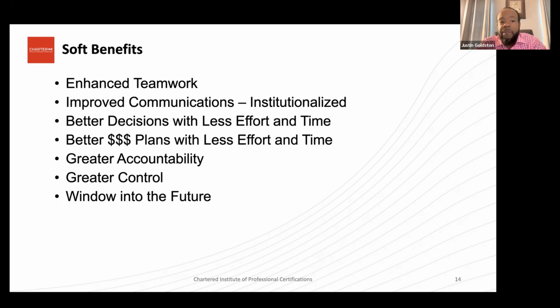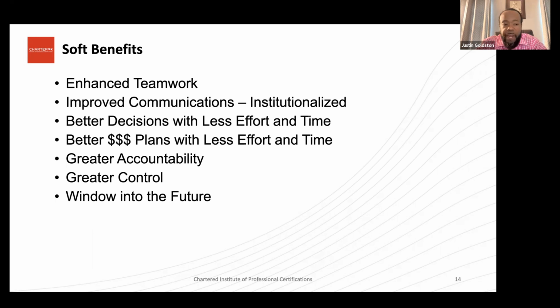So from a soft benefit perspective, if we're implementing sales and operations planning, if the executive is pushing this sales and operations planning approach, then we're going to have enhanced teamwork.